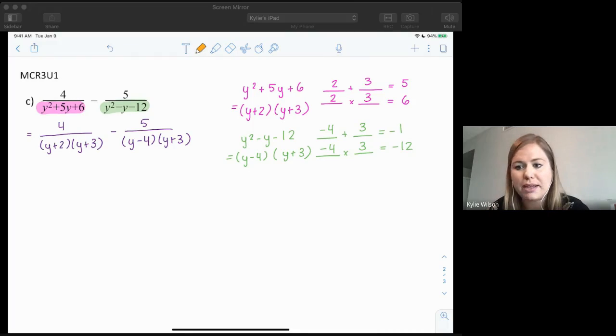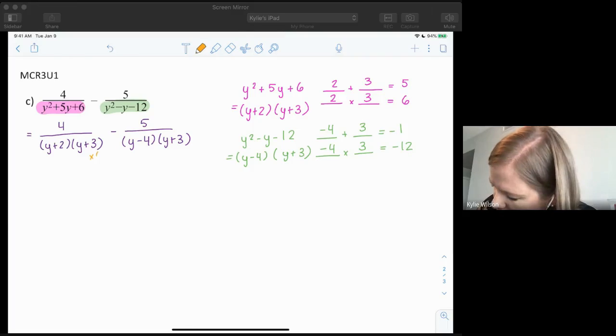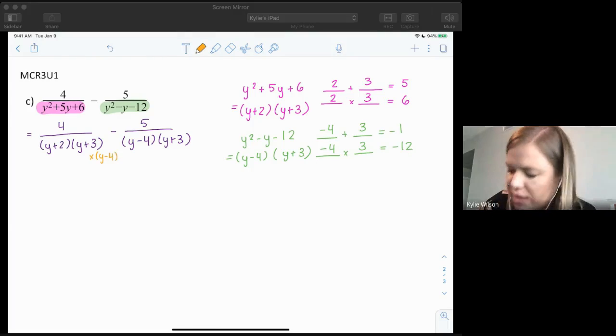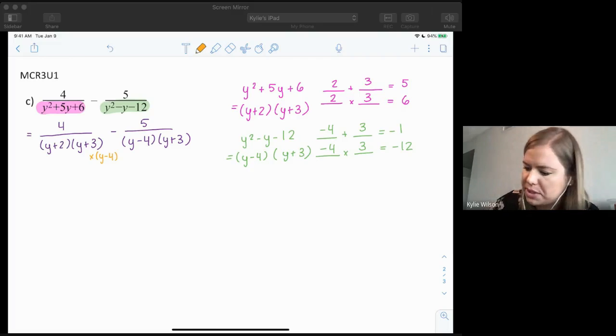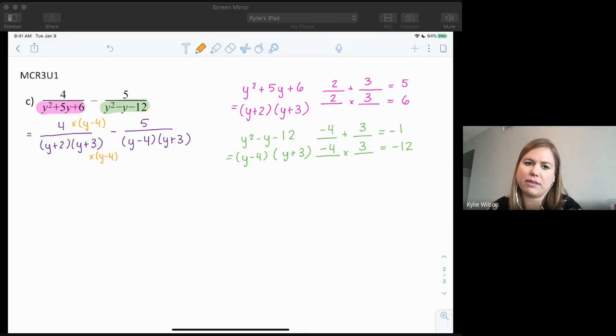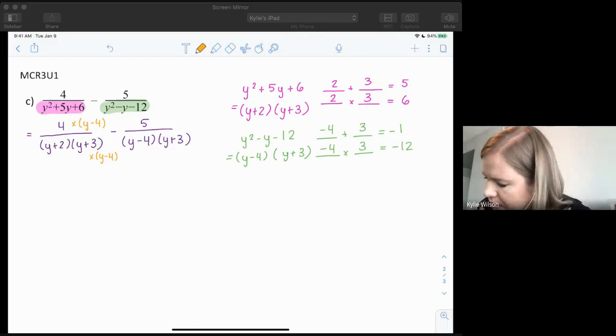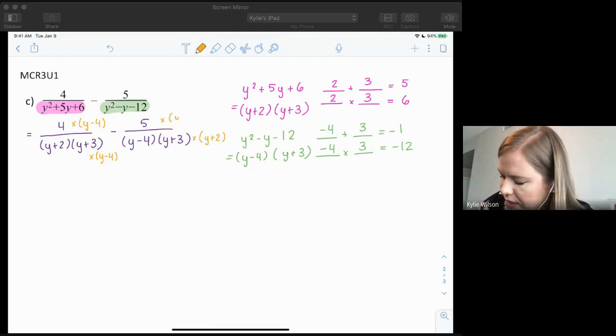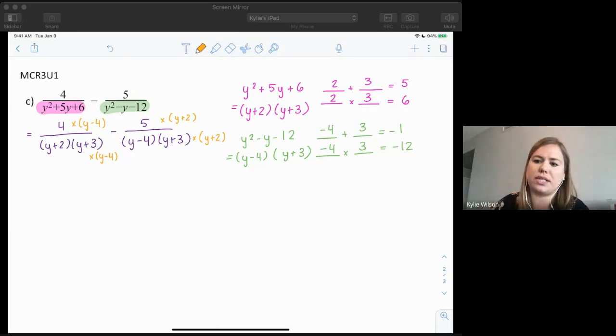So to make it match, that one is going to need a y minus 4. So if I multiply that by y minus 4, I will also need to multiply the numerator by y minus 4. Now let's see what the other one needs. So we have y minus 4, y plus 3. So we will also need a y plus 2, like that. And if I did it on the bottom, I also need to multiply it on the top.